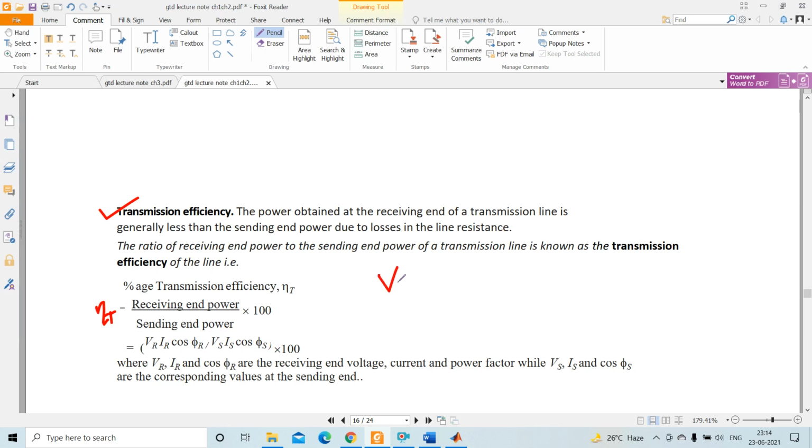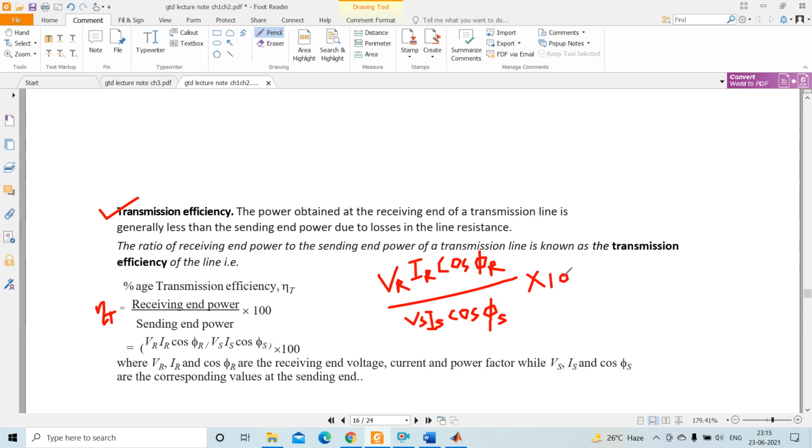So it is VR IR cos phi r, the receiving end power, divided by the sending end power Vs Is cos phi s, into 100.